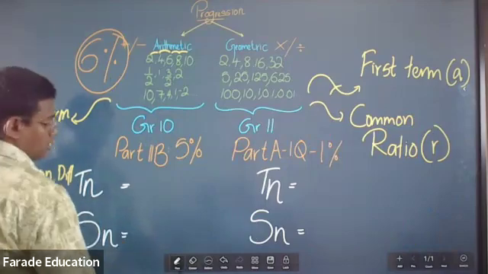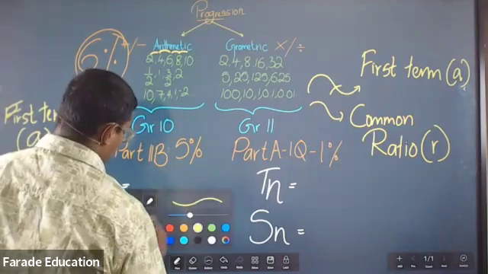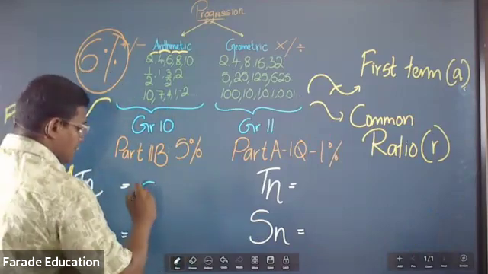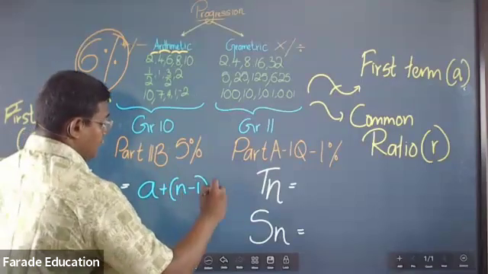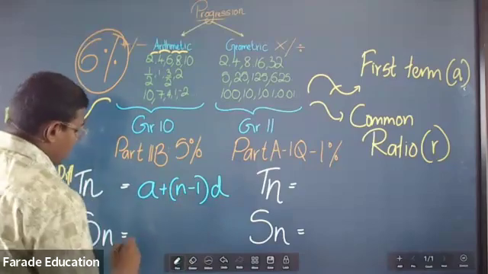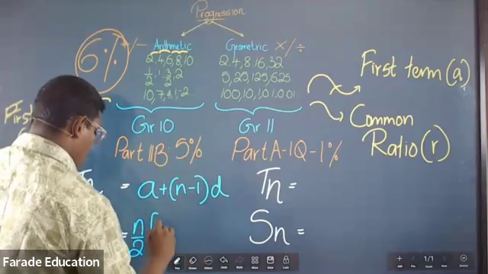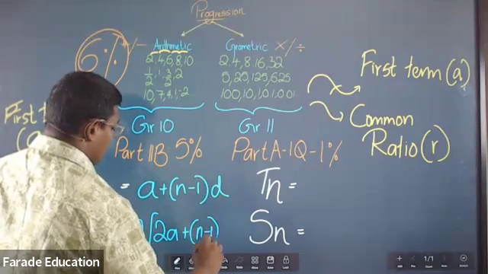So depending on those, we have 4 equations. To find the nth term, this is a plus n minus 1 d. That is the equation to find the nth term of an arithmetic progression. To find the summation of n number of terms, n over 2 times 2a plus n minus 1 d.